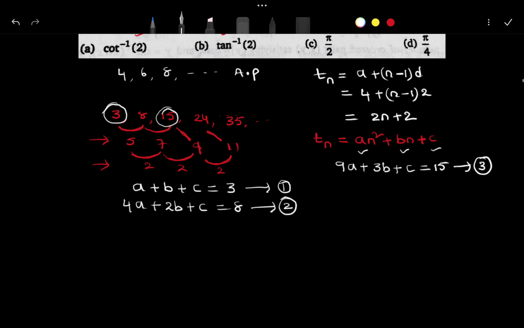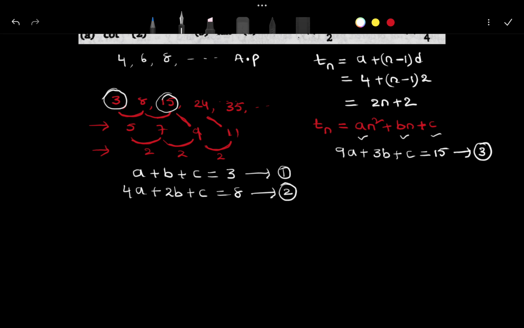Now solving these equations. Subtract the first equation from the second equation, 2 minus 1. Now that value will be 4a minus a, that is 3a, plus 2b minus b, that is b. c and c will be cancelled. 8 minus 3 is 5. Take this as equation 4.